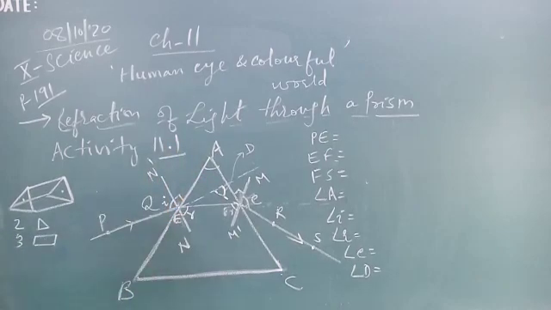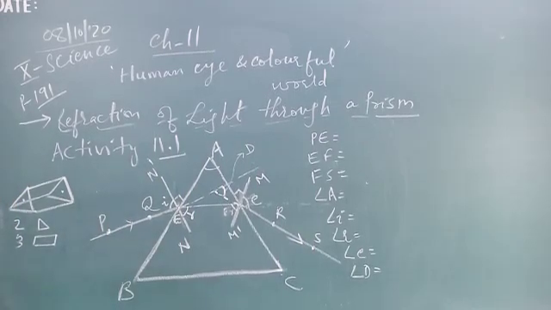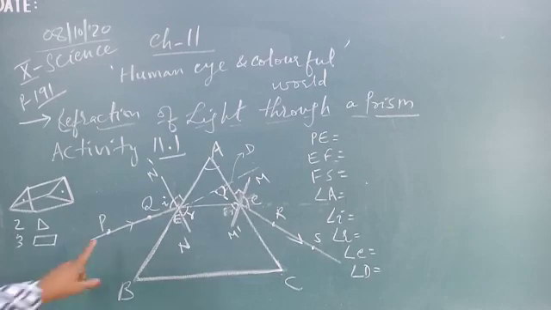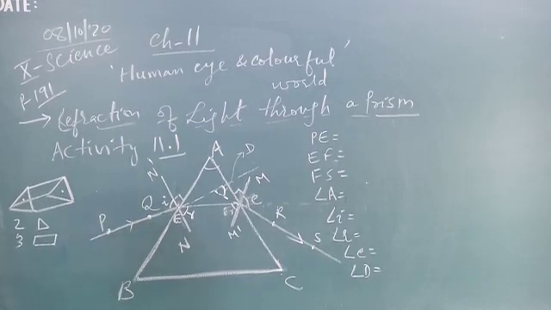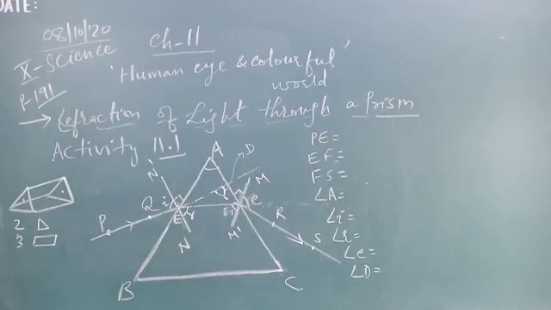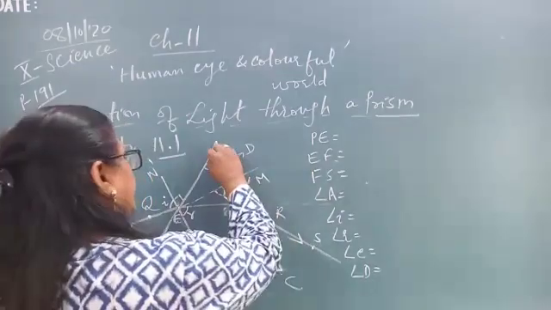Fix 2 pins P and Q on the line PE as shown in the figure. These are the headed pins that we use in the office. Then look at the images of these pins on the other side, that is the AC side.